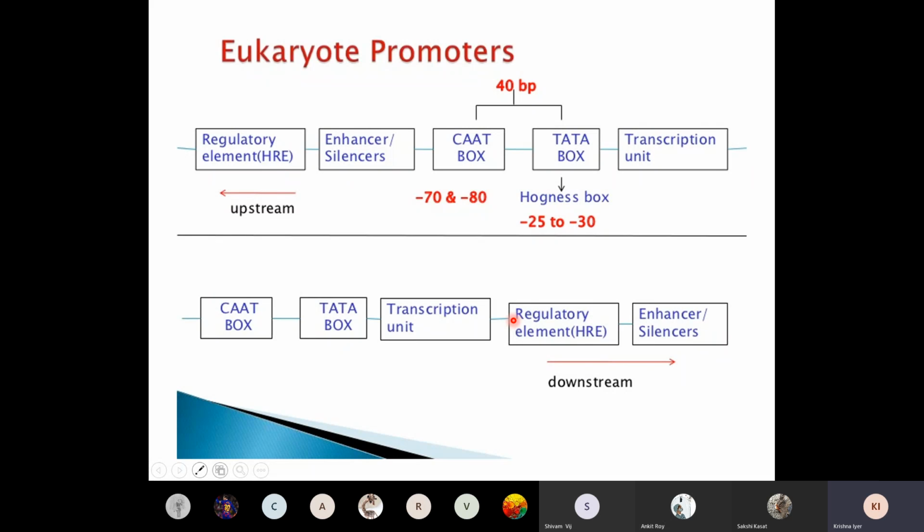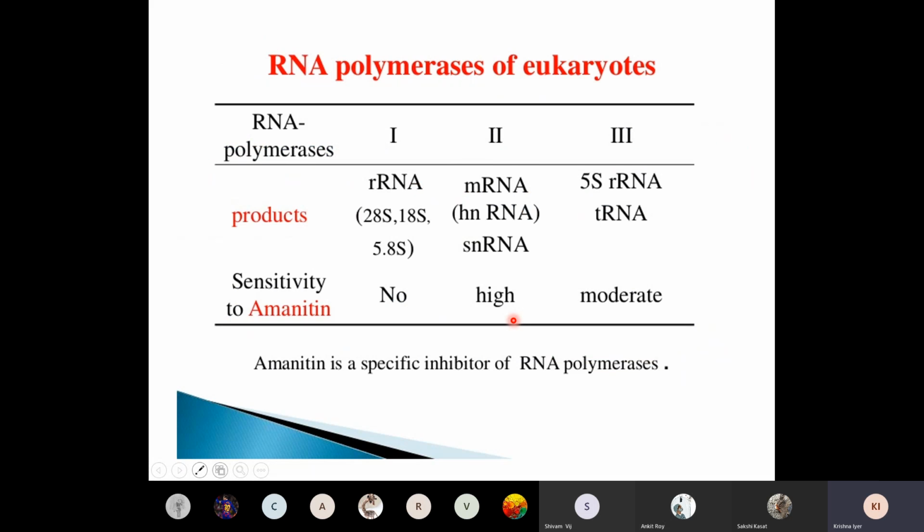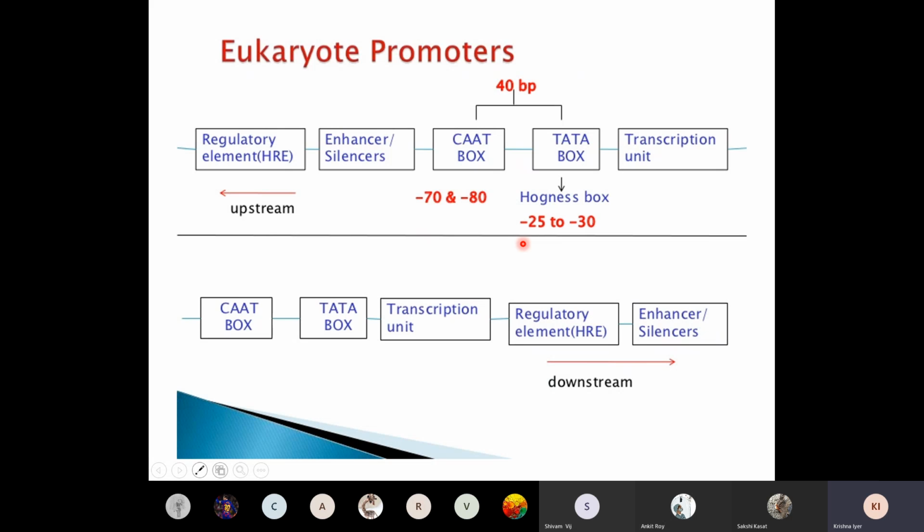So there are two differences which you have to remember. One, different polymerases are involved in making different types of RNA, and the second is that the promoter architecture is slightly different, where the Tata box or Pribnow box is called the Hogness box, located at -25 to -30, and rather than having a TTGACA sequence at the -35 region, we have what is called a CAAT box, which is at -70 to -80.